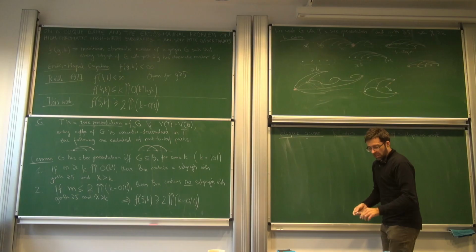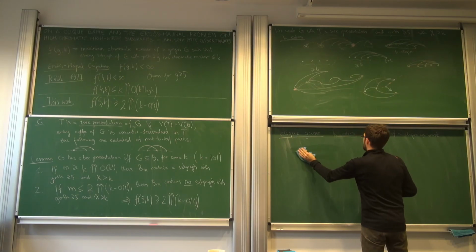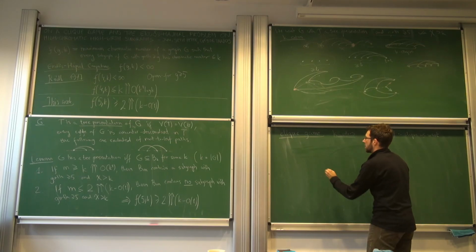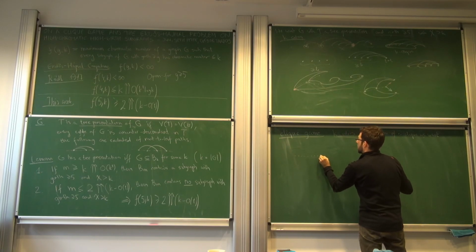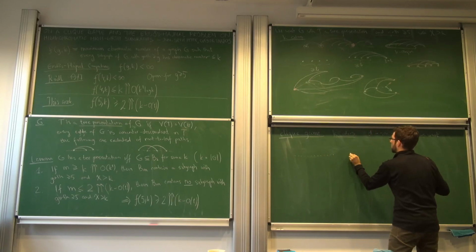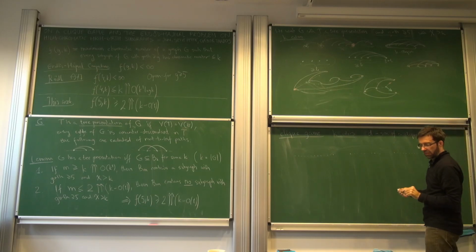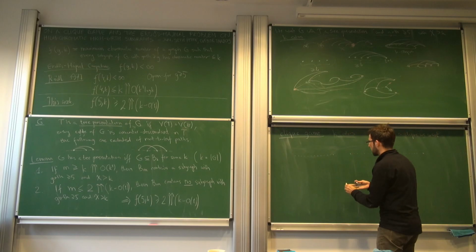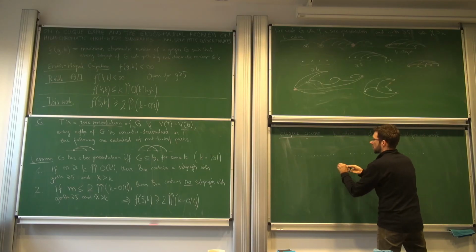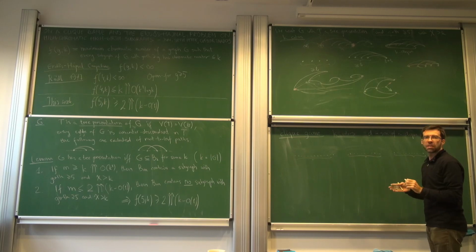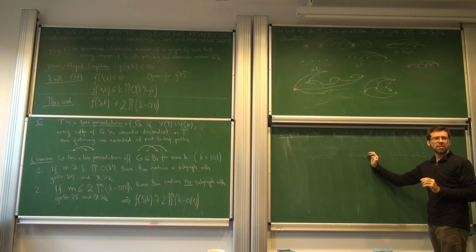So here is what we actually want. We want to construct a large blow-up of a clique in the auxiliary graph. So we want to have many vertices here, many vertices here, many vertices here. We will see how many in a moment.